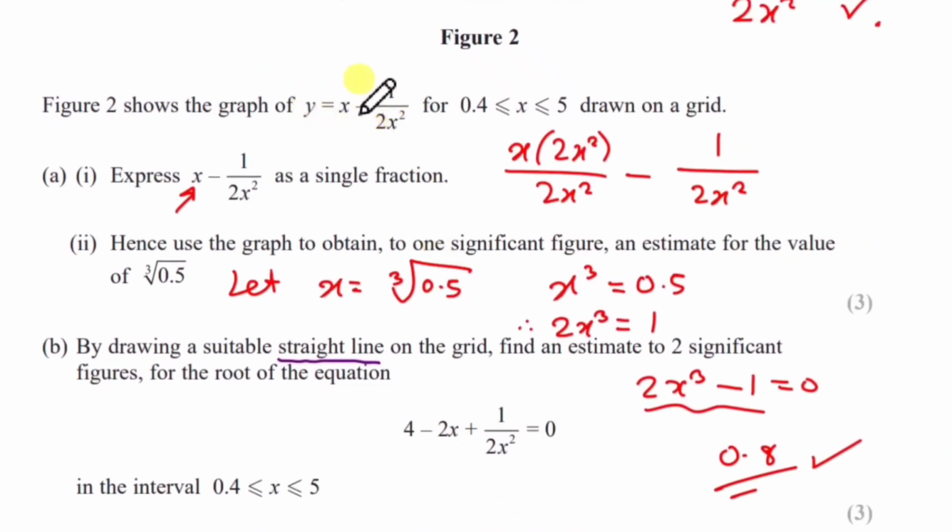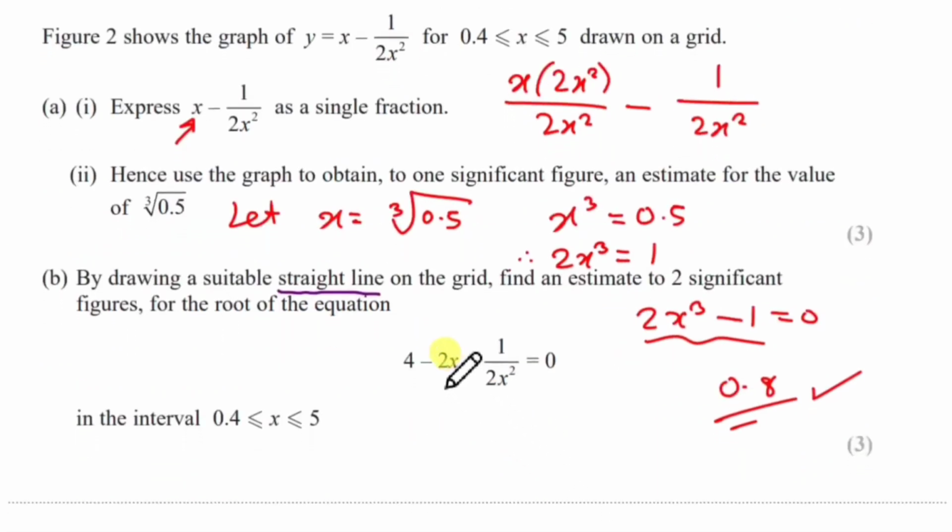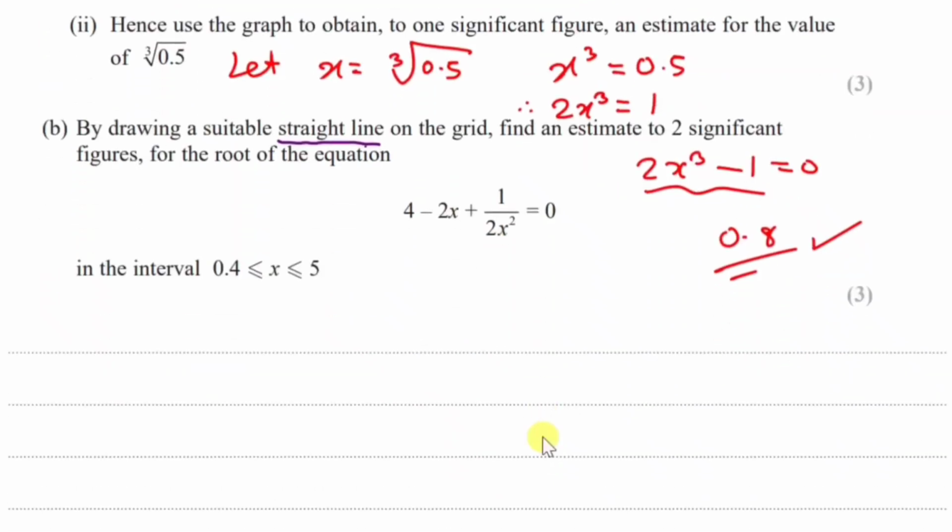It looks like y equals x minus 1 over 2x squared. We just need to show it. So let's try and reproduce this bit over here. We can move 2x and 1 over 2x squared to the other side. So let's take our time here, guys. We have 4 equals 2x minus 1 over 2x squared.